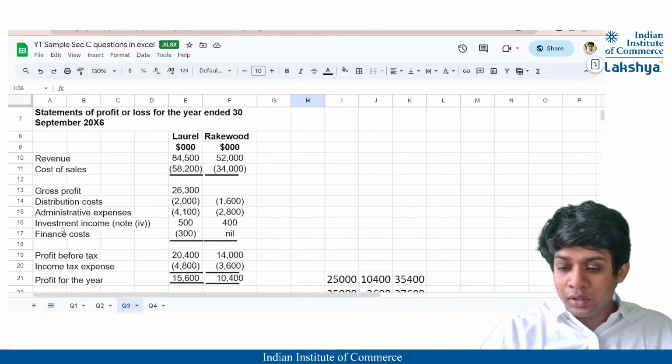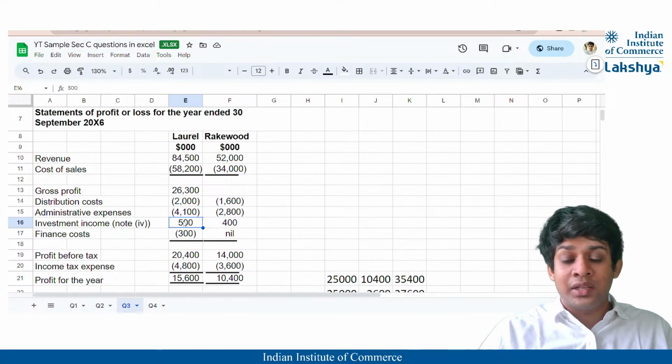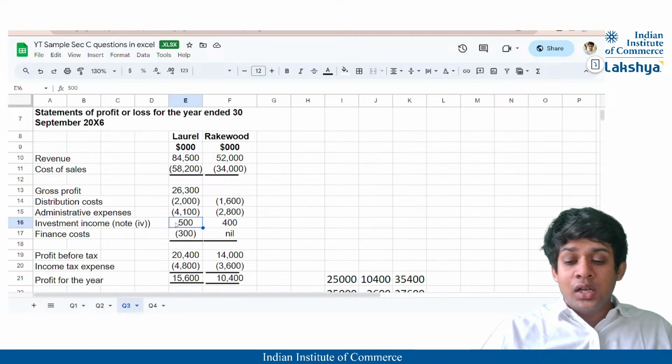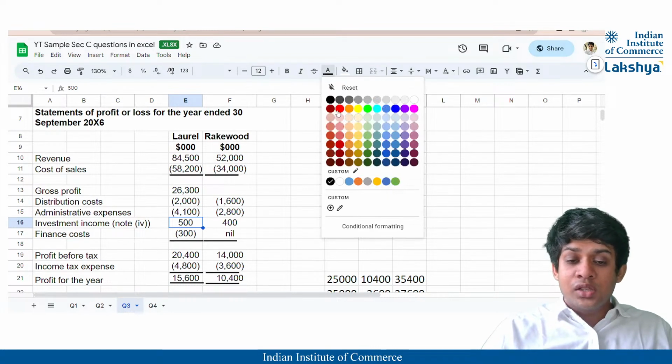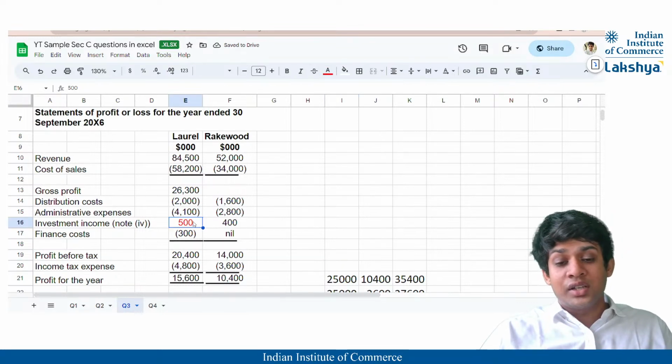Look for the investment income. See here. Investment income 500,000, same 5 lakh. Whatever dividend the subsidiary has paid, Laurel Company has stated it as investment income in their individual financial statements. So this will be eliminated, correct? This $500,000 is going to be eliminated. I'll keep it red, right? Because it is not to be stated, right?